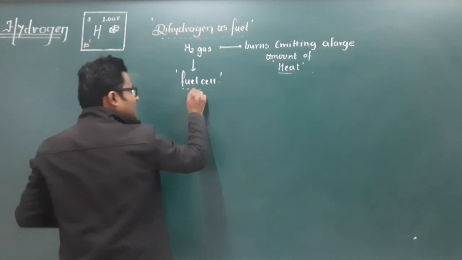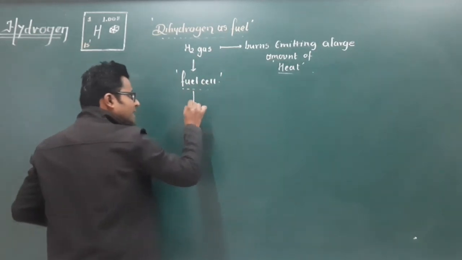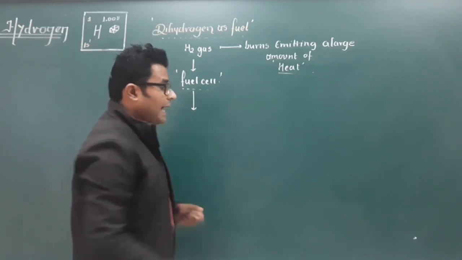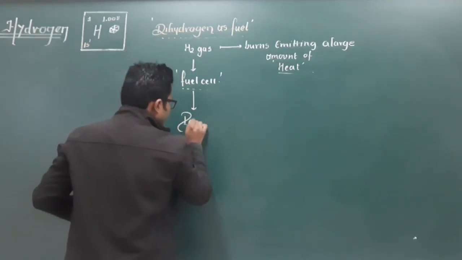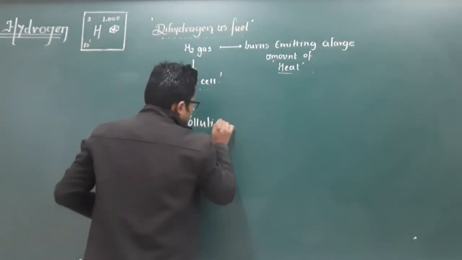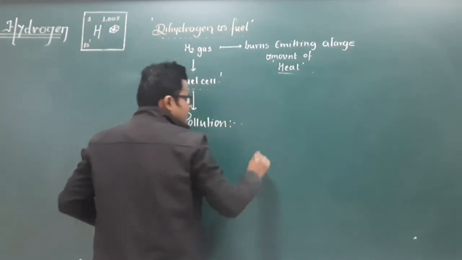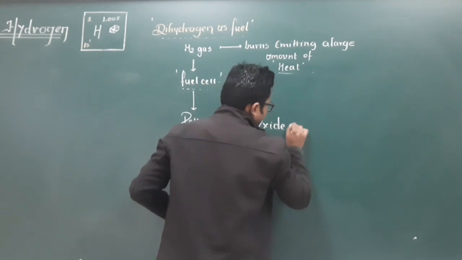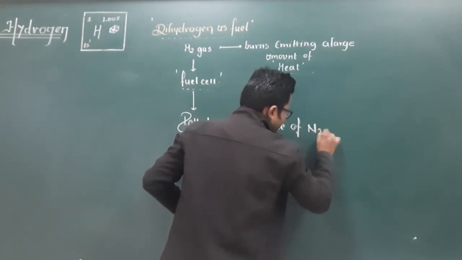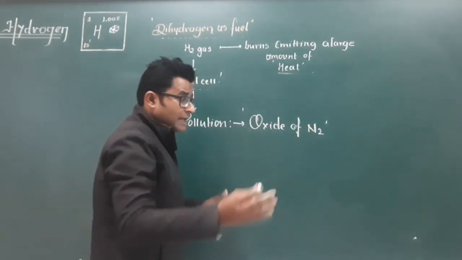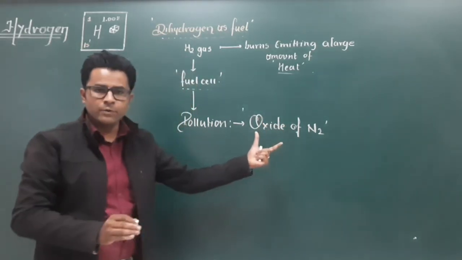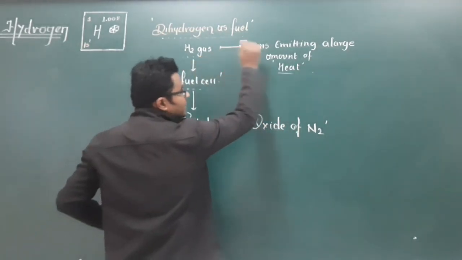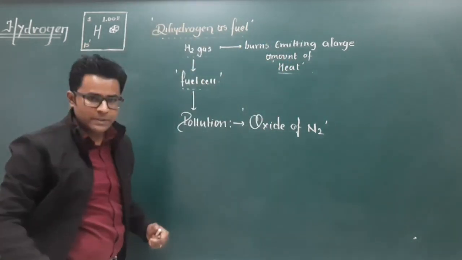Now, when we burn it in the fuel cell, there is a very small amount of pollution, and the pollution which we get over here is a simple oxide of nitrogen. Now again, this particular thing can be sorted out because the hydrogen is going to be burning at a bit of higher temperature.